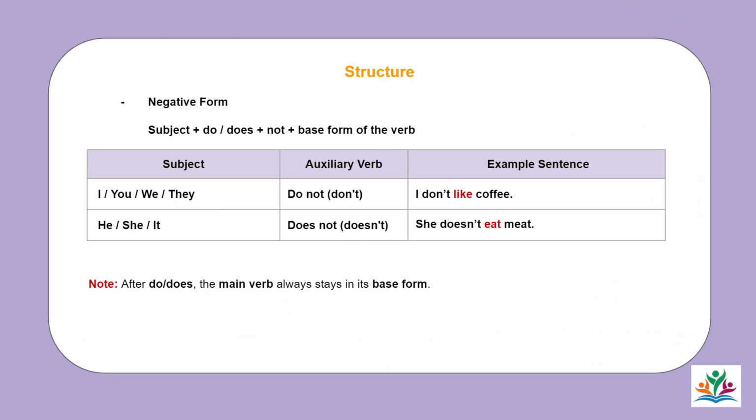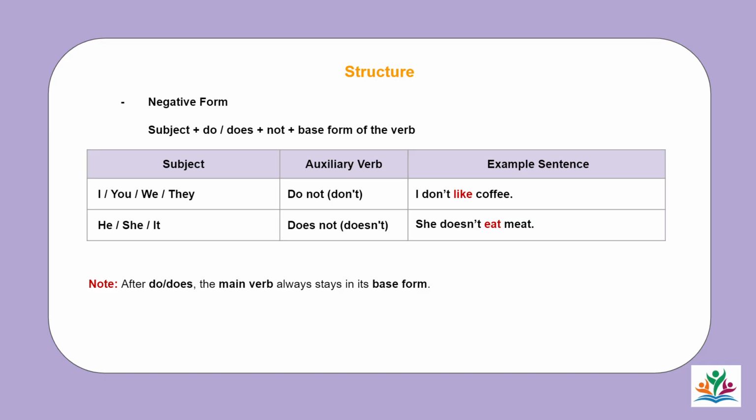For the negative form, we have the subject plus the auxiliary verb do or does, based on the subject, plus not, plus the base of the verb. So for the subjects I, you, we, and they, we need to add the auxiliary verb do not, or basically don't.